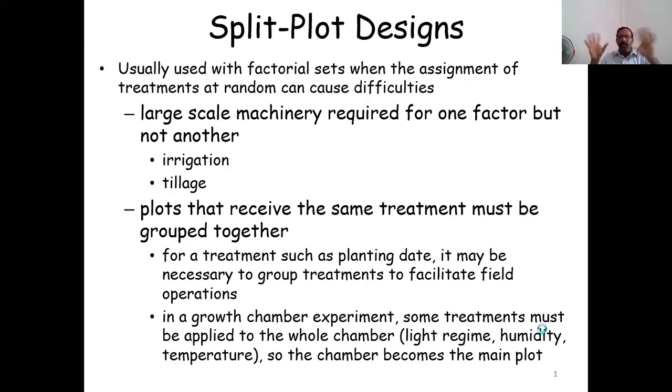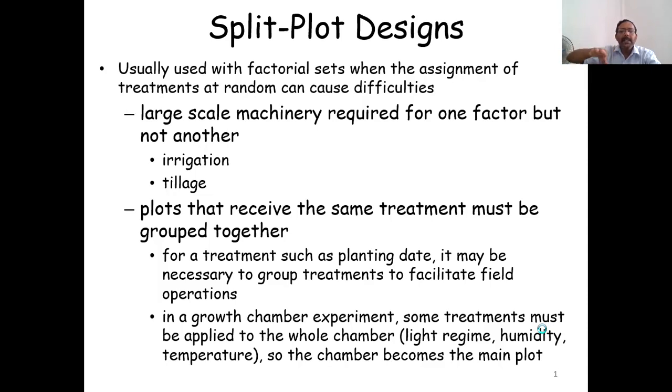But within the chambers, you cannot do anything, right? For example, within a chamber, I set a temperature of 30 degrees centigrade and RH of, let's say, 60% or 70%, whatever it is. At 30 degrees centigrade, you can have different seeds, for example, different varieties, 3 or 4 varieties.